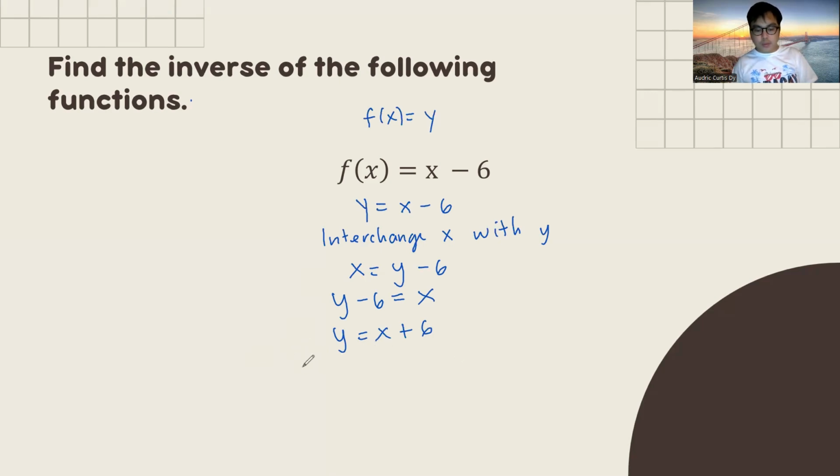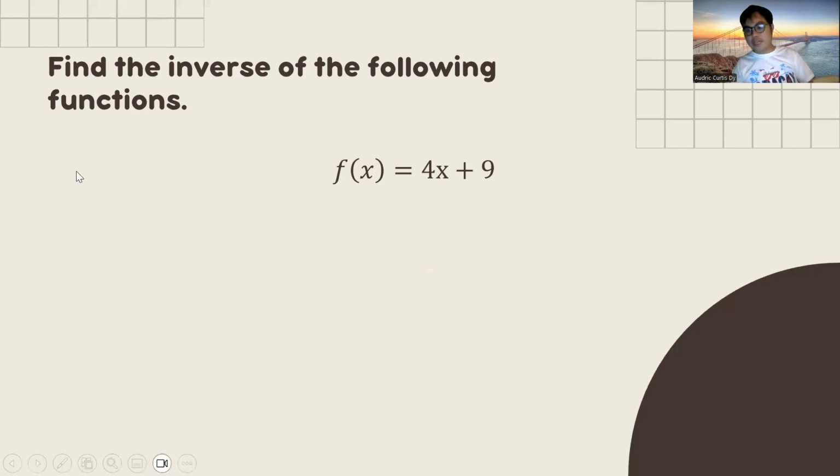But to make it formal, this will become this symbol na. So this is the inverse for this first function. Okay? Next. So f of x is equal to 4x plus 9.